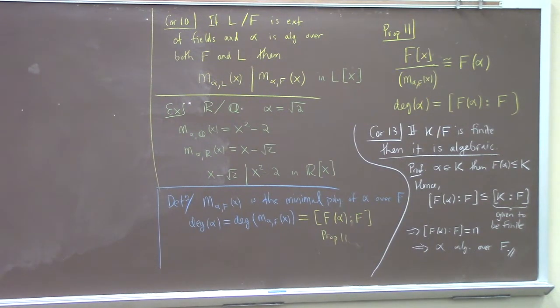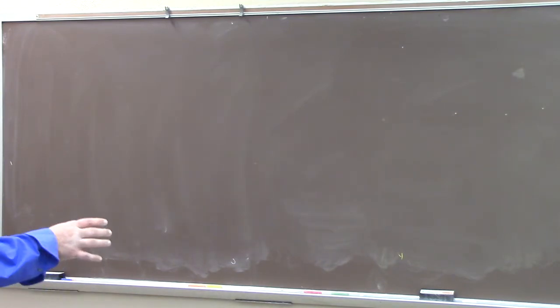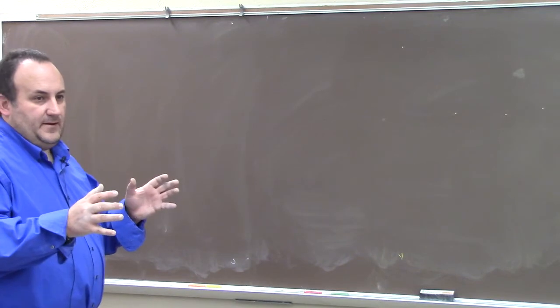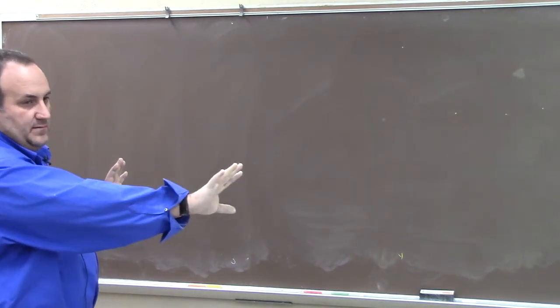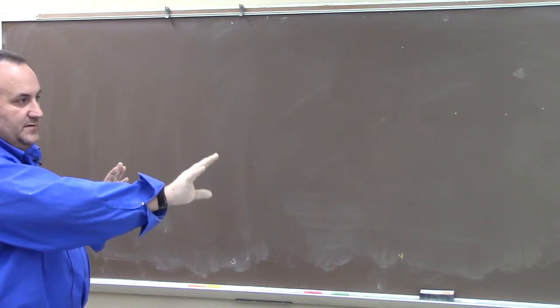If you could say what you said again, I didn't quite track. Sorry. So we have a field F, and we extend it to an extension field, and that extension field is finite.